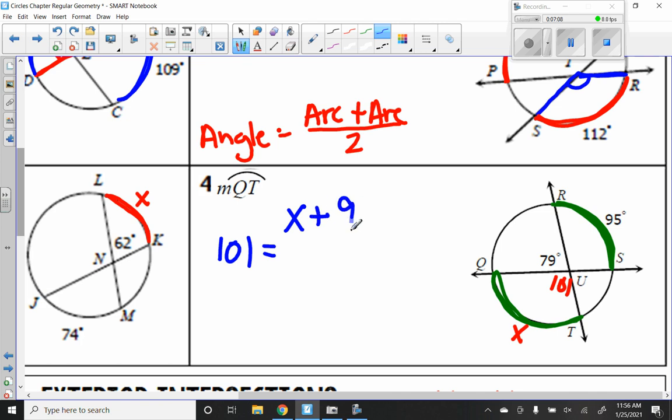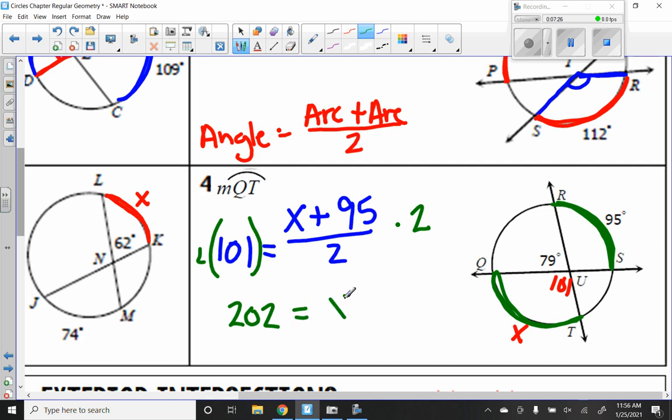My other arc is 95, over 2. And once again, we are multiplying both sides by 2 first. Remember, this is a video. You can pause and rewind it. And get 202 equals X plus 95. Because those cancel out, subtract the 95, and you'll have your arc.